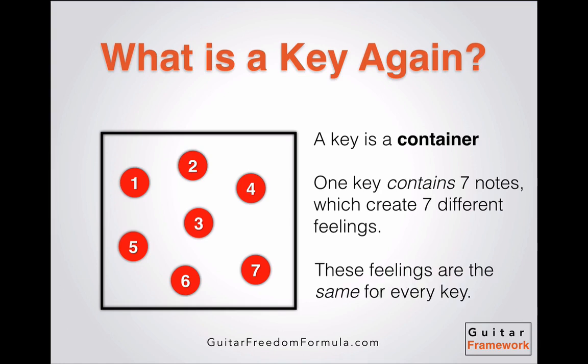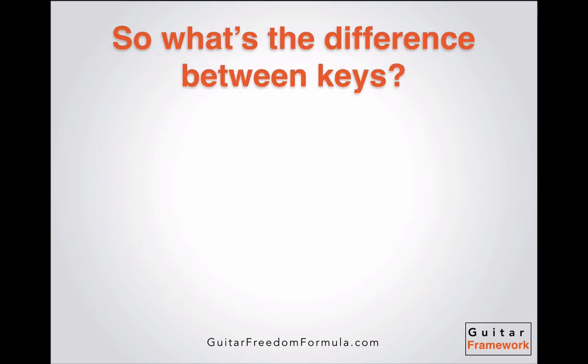The feelings are the same for every key. In other words, in every key, note number 1 feels like note number 1. Note number 4 feels like note number 4. Note number 5 feels like note number 5. So, our real question is, what's the difference between the keys?